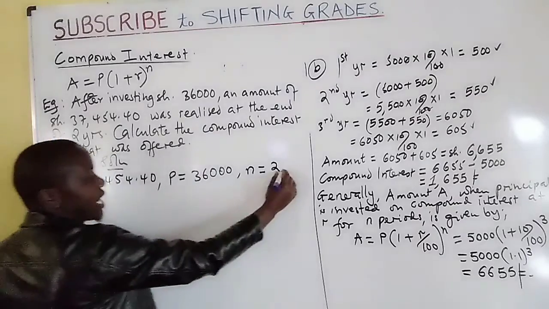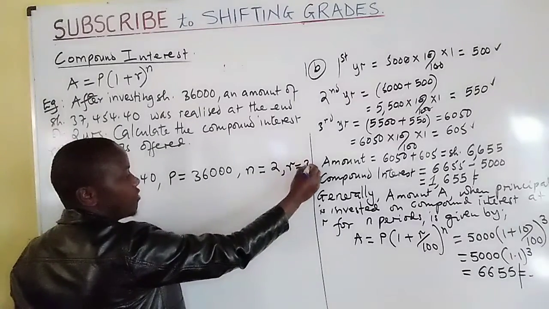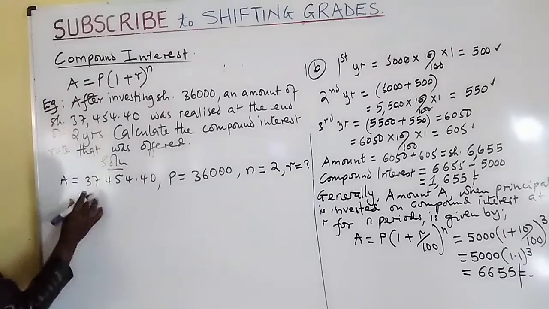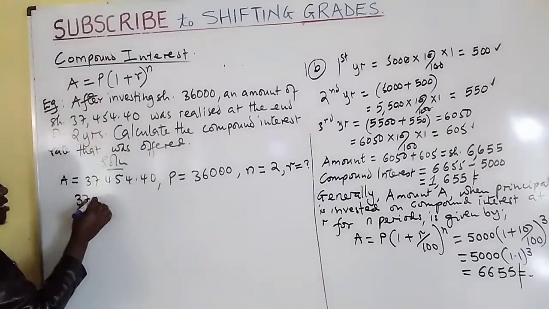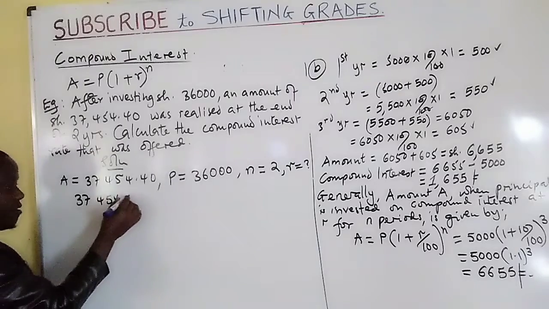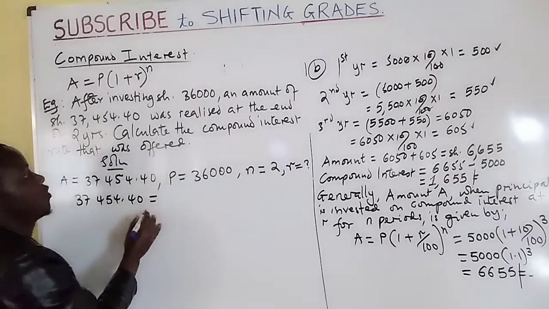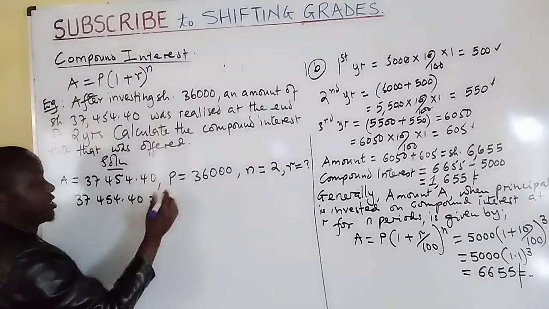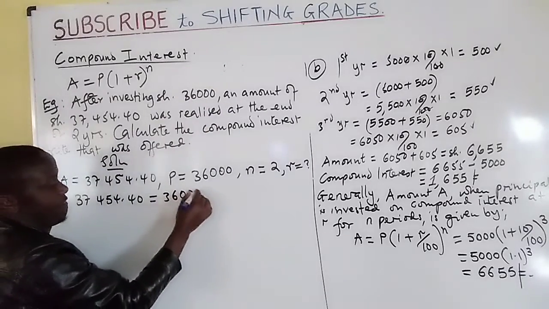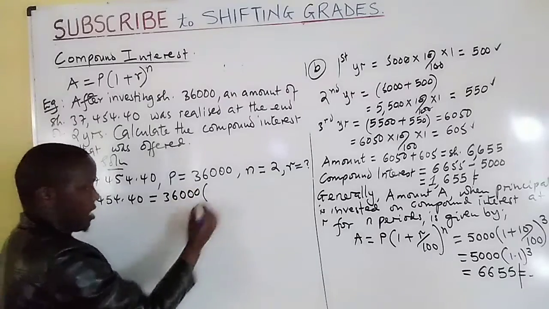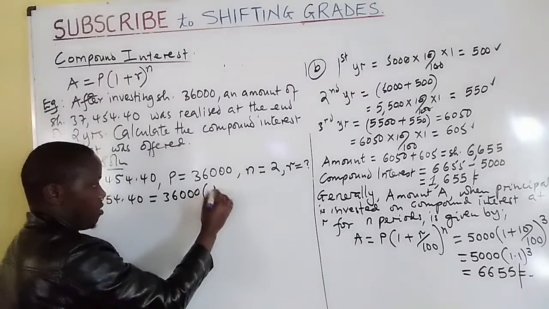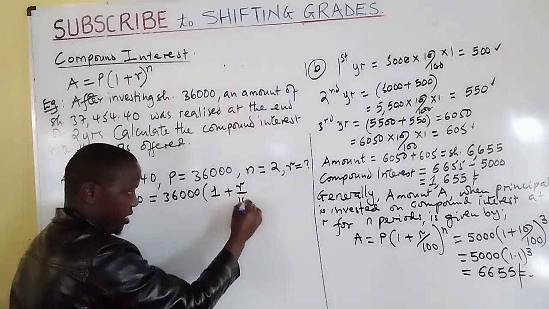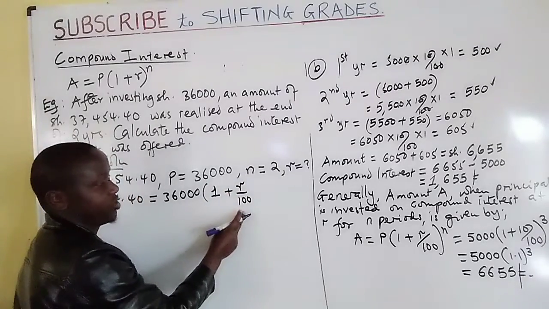Therefore, what we're calculating is the rate of compound interest. So we can say the amount, 37,454.40, is equal to the principal, 36,000 Kenya shillings, times 1 plus a rate which we don't know, but we're sure it's a percentage.